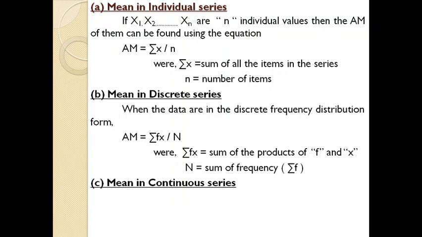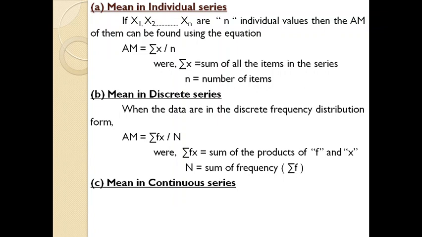For example, if the class is given as 0 to 10, the mid value of 0 to 10 will be 5. That value is considered as the x. For example, for 10 to 20, the mid value is 15. For 20 to 30, the mid value is 25. Likewise, the mid value has to be considered because it is based on the assumption that frequency will always be concentrated in the middle of a class. That is why we are taking the mid value.